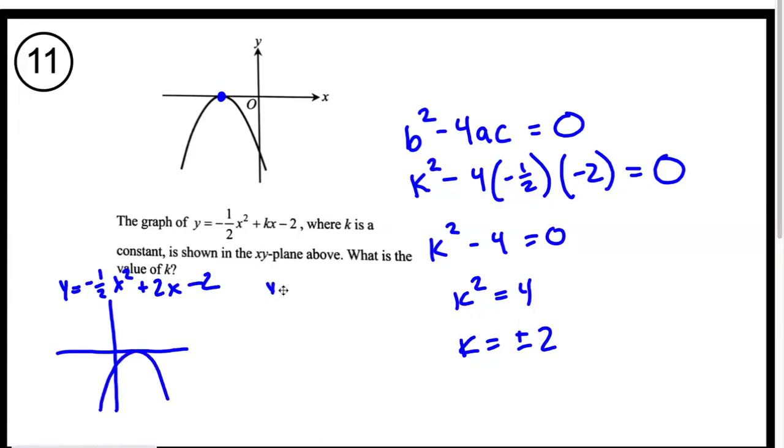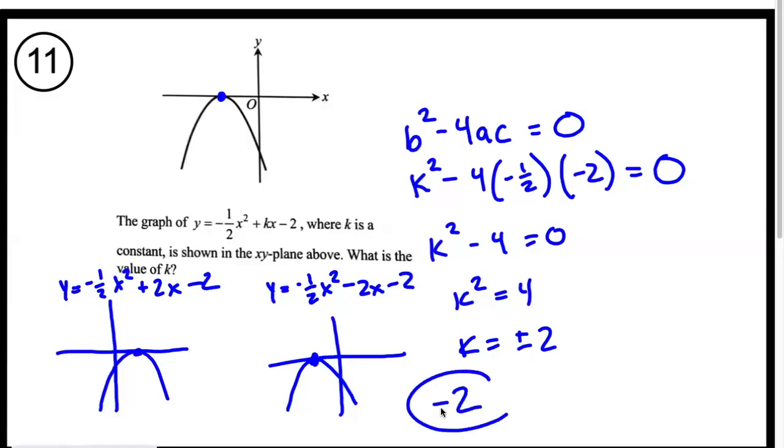And then if you graph y equals negative 1 half x squared minus 2x minus 2, that one is actually going to look like this. So that's how you can decide between the positive and the negative 2. So the answer to the problem is actually negative 2. All right? Let's move on.